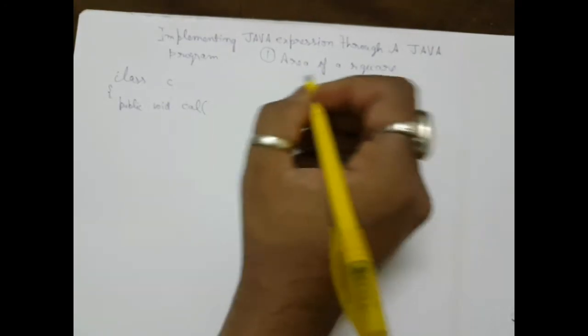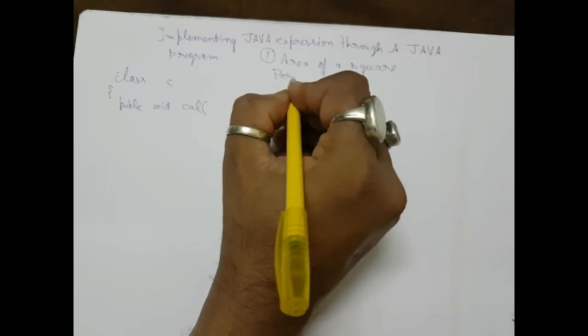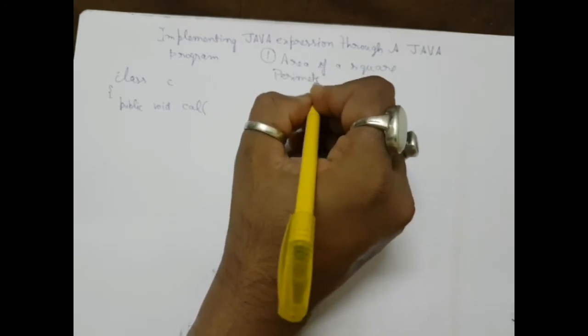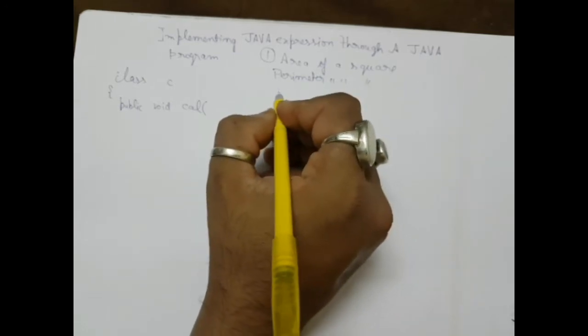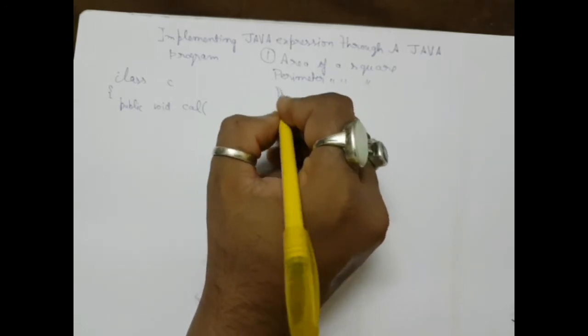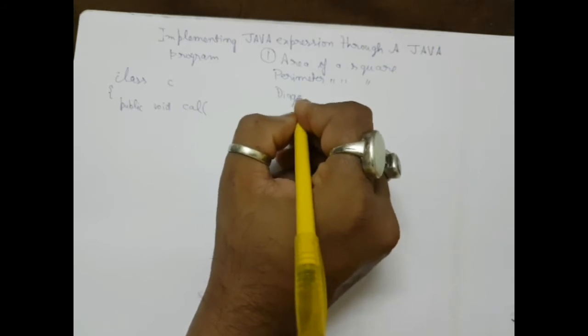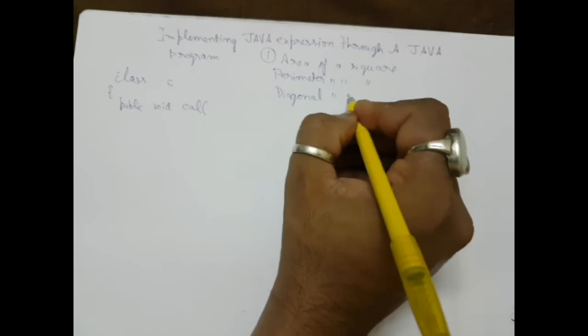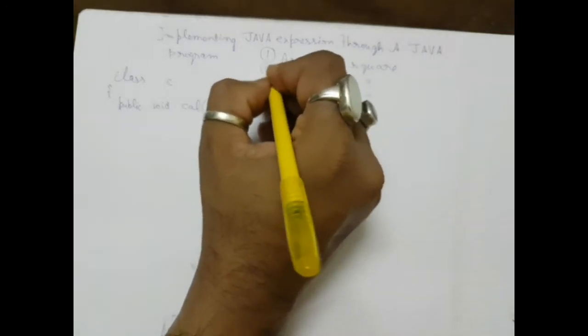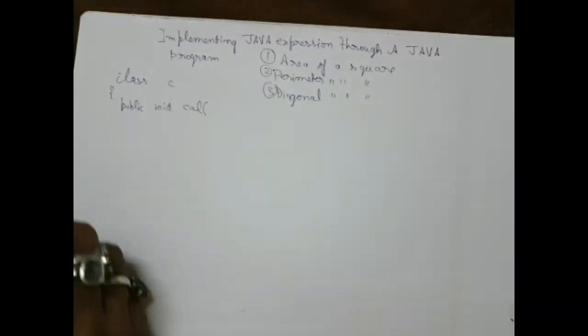All right, and then I can calculate the perimeter of a square, and then I can go for the diagonal. All right, diagonal of the square. So these three things, suppose I want to perform using this program.